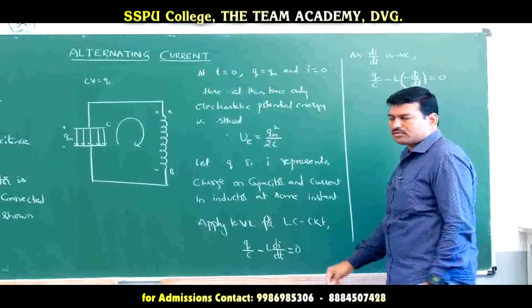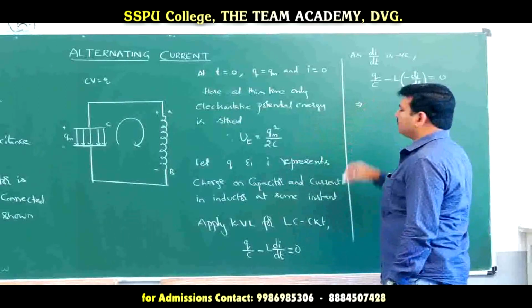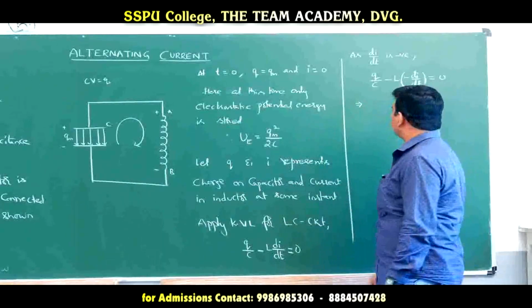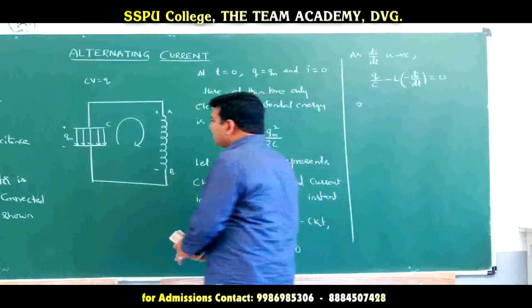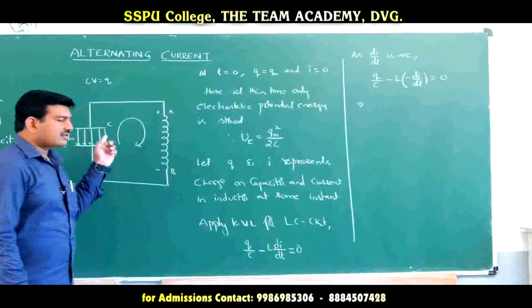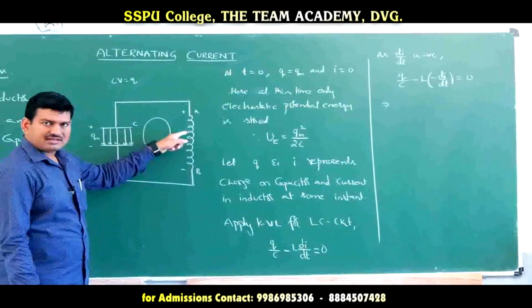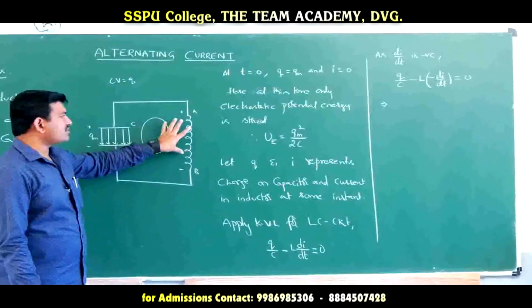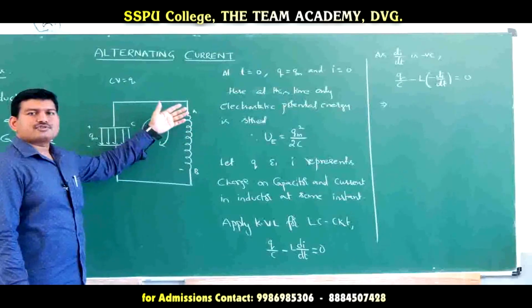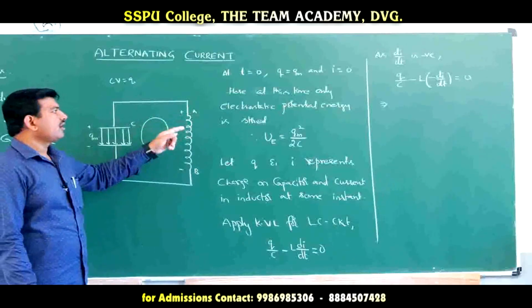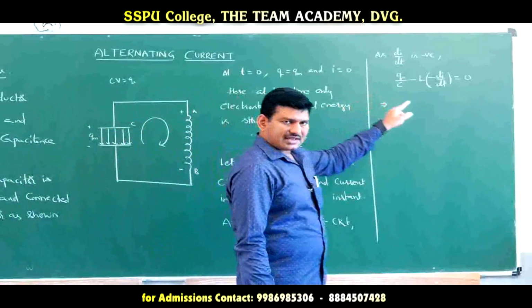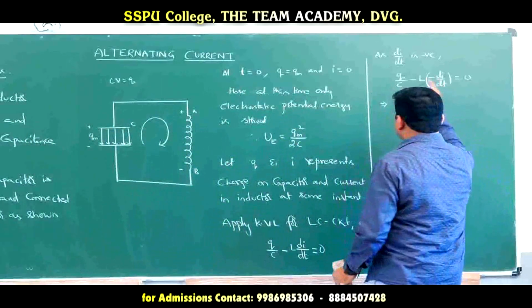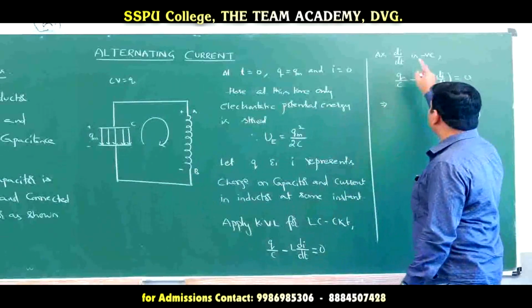Shall I write like this or not? Why is this di by dt negative? In the beginning the capacitor is discharging and current is there, but slowly, because of the induced EMF, there is an opposition to the flow of current. Therefore slowly the current is decreasing. Hence the rate of current is decreasing, hence the negative term here.